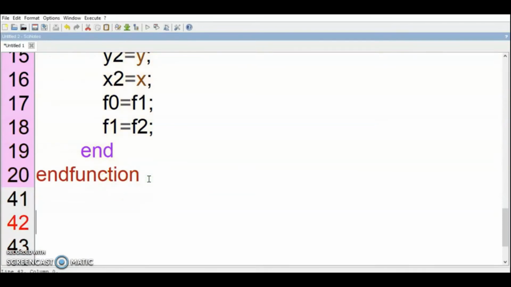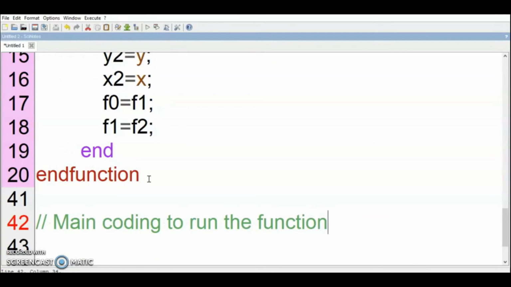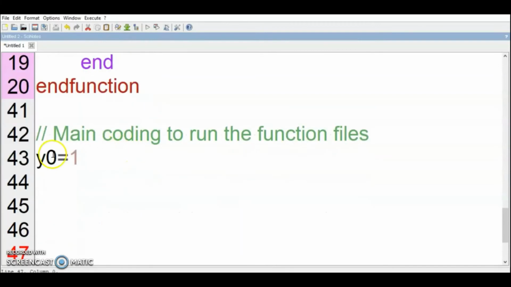The rest of the coding is my main code to run the function files. Define my initial conditions: y naught equals 1, x naught equals 0. Xn, which is the last value of x that you want to find, is 1.